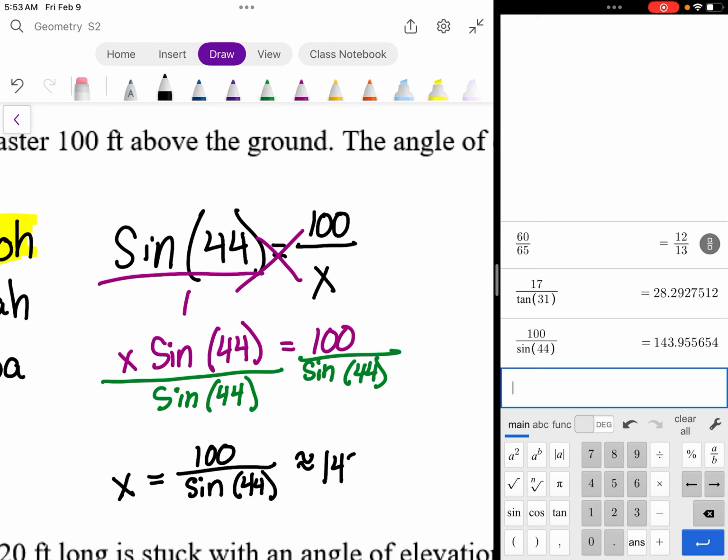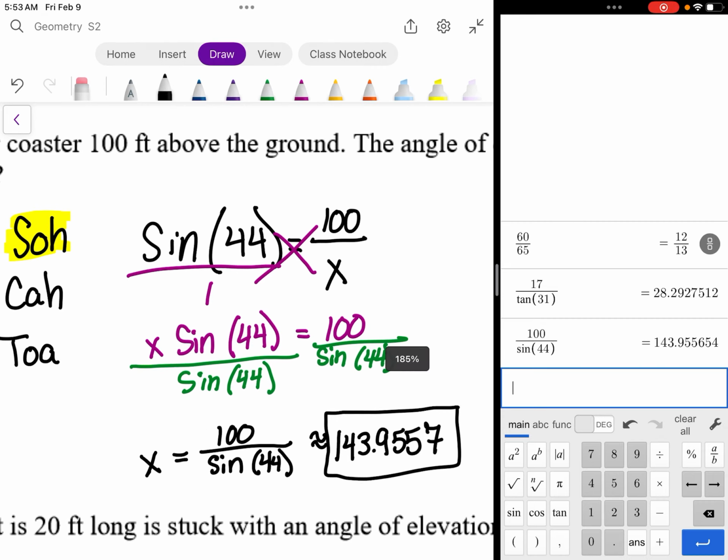And we're going to round it to 4 decimal points. So we have 143.9557. And you want to make sure you are practicing typing this into your calculator to make sure you can get the right answers.